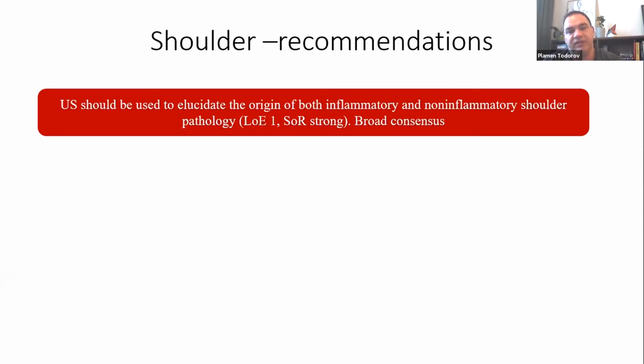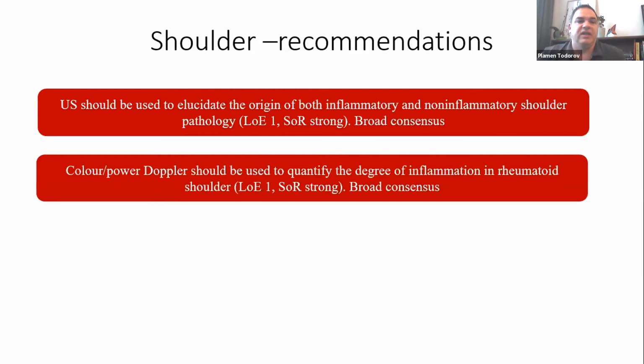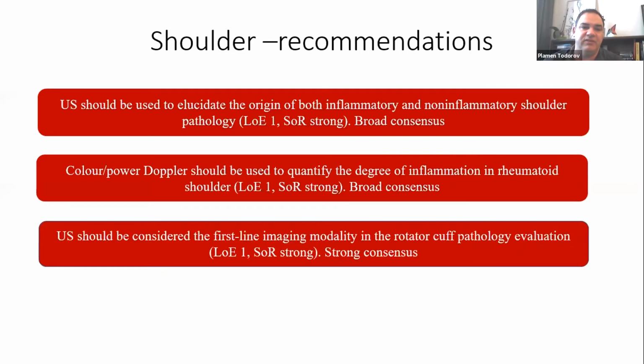The level of evidence, because there's a lot of data in the literature, is 1, the strength of recommendation is strong, as there was a broad consensus about this recommendation. Color Doppler ultrasound should be used to quantify the degree of inflammation in a rheumatic shoulder. Again, the level of evidence for this recommendation was 1, and the strength of recommendation was strong, agreed by a broad consensus by the experts.